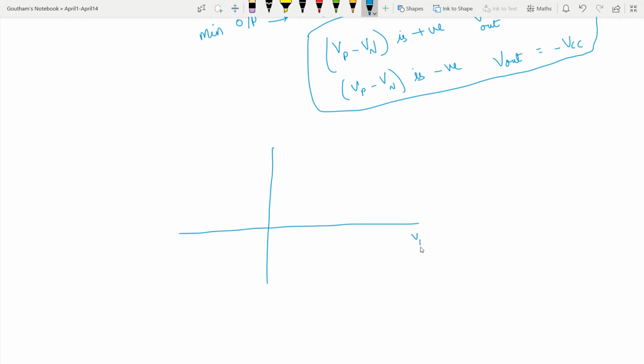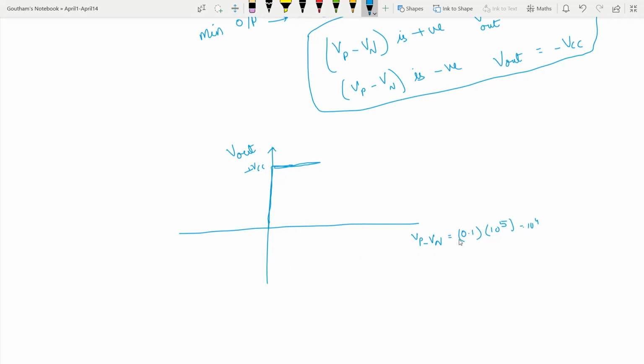If VP minus VN is a positive value, even for a very small value, say 0.1, 0.1 times 10^5 is 10^4. So even for very small values, you have plus VCC.